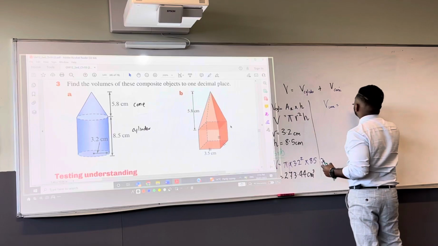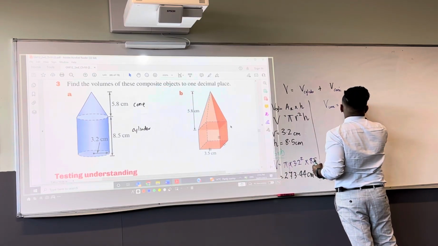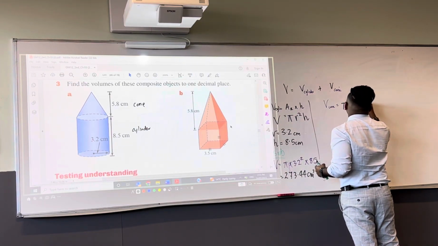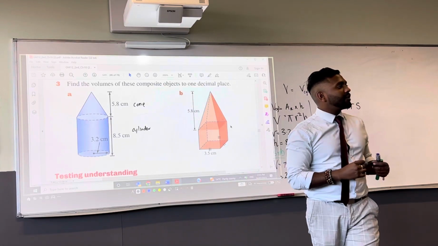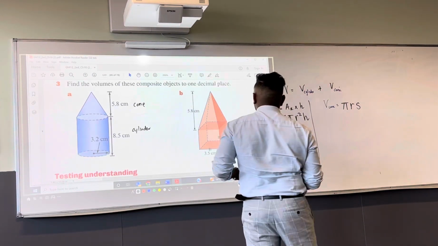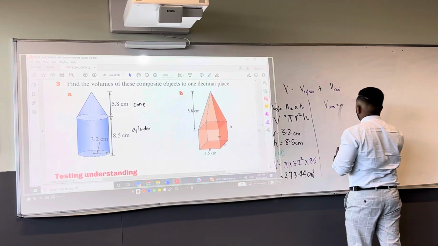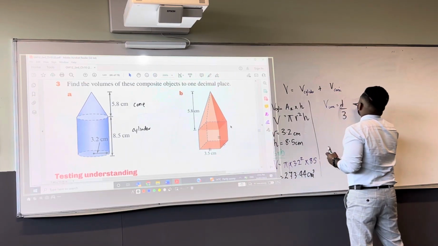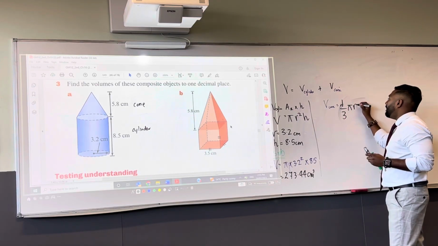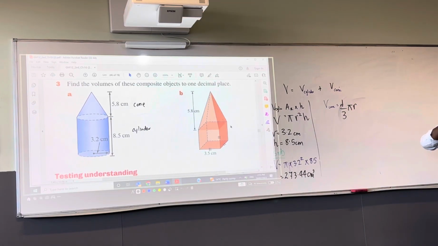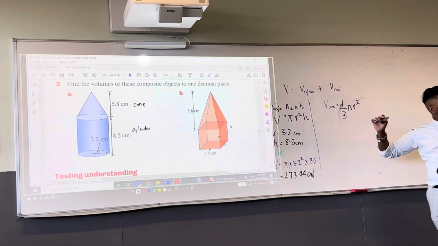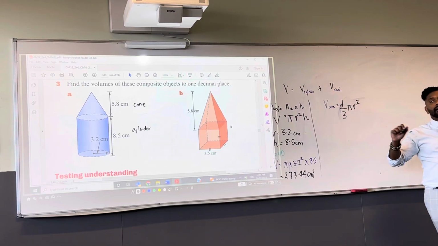What? 1/3 pi. Oh, okay. 1/3 pi. Great. 1/3 pi r squared. That's it. Times height. Well done.